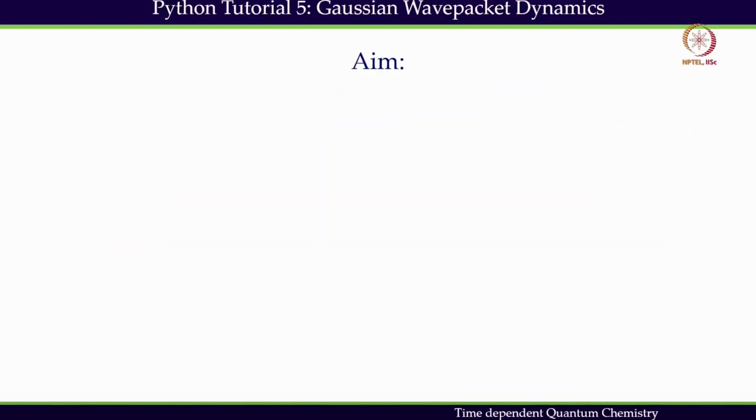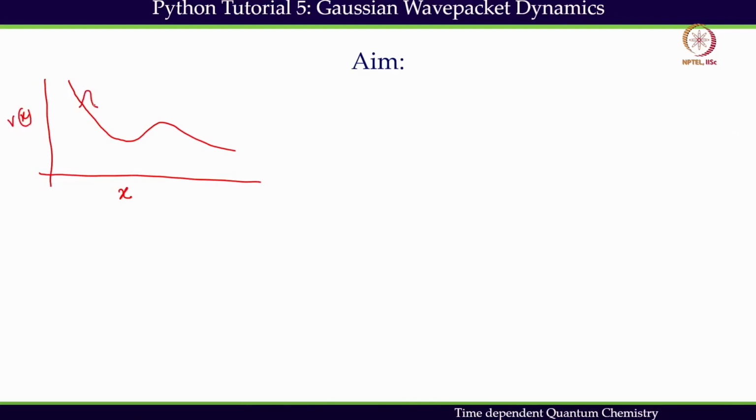So the aim is the following. We may have a potential like this. This is, let's say, the potential V(x), and this is the x-axis. And I may create a wave packet here.